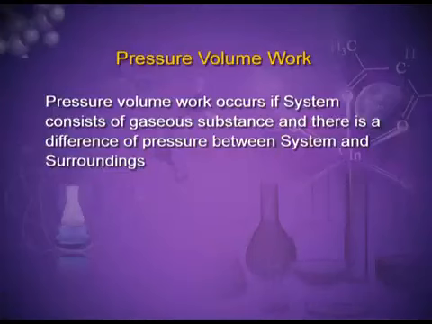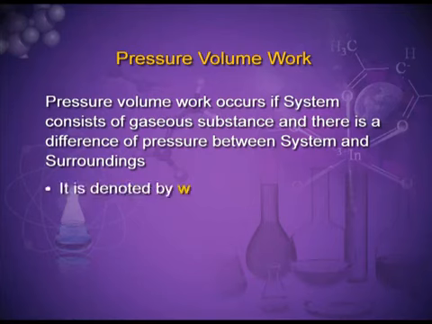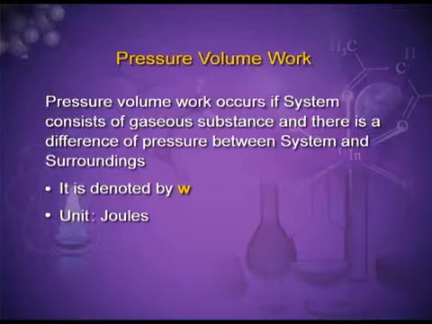This is electrical work. But in thermodynamics, we deal with the pressure volume work. Pressure volume work occurs if the system consists of gaseous substance and there is a difference of pressure between system and surroundings. Work is denoted by alphabet W and its unit is joules.